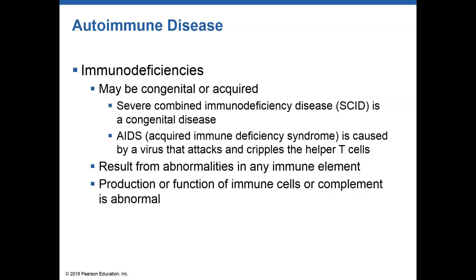So it's a genetic disorder. In the case of this disease, the children often have to live in a plastic bubble away from other individuals so they don't get sick.